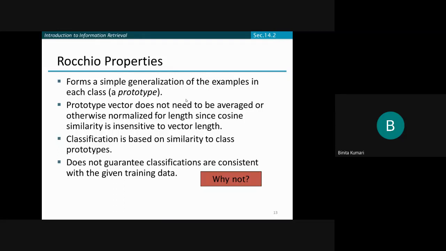So classification is based on the similarity to the class prototype, that is, it is based on the similarity to the centroid of a class.